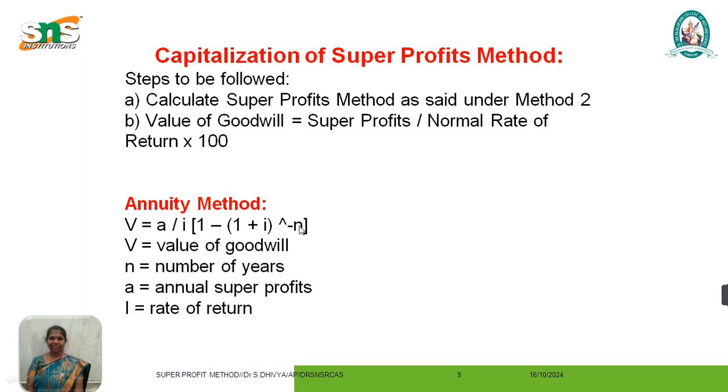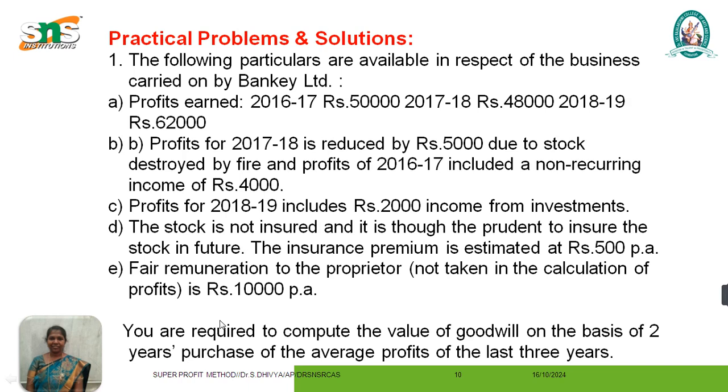In the annuity method, V is equal to A into (1 minus (1 plus i) to the power minus n) divided by i, where V is the value of the goodwill, n is the number of years, A is the annual super profit, and i is the rate of return.